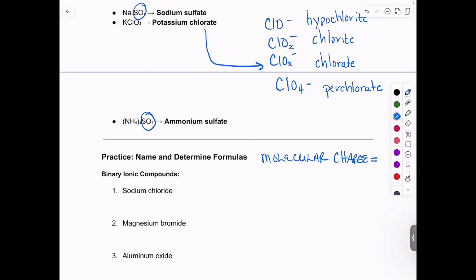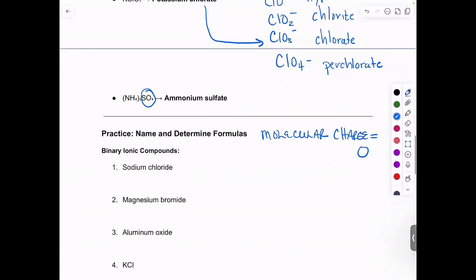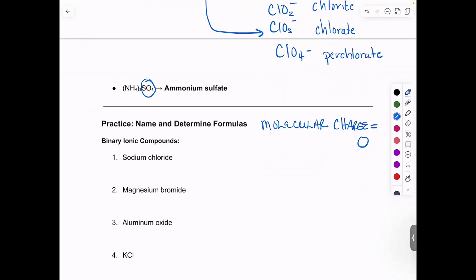It should be 0, okay? We call it neutral, 0, net charge 0, however you want to call it. So if I have, say, a cation that has a +1 charge and maybe an anion that has a -2, we need to balance things out mathematically to make sure our charge is netted out to 0.